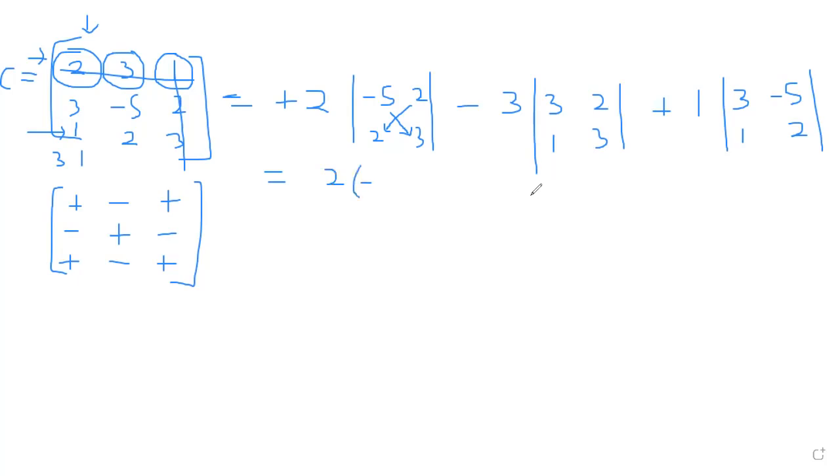This will be -15, minus 4. Then next we have minus 3 into bracket 9 minus 2. Then we have plus 1 into bracket 6 minus -5.